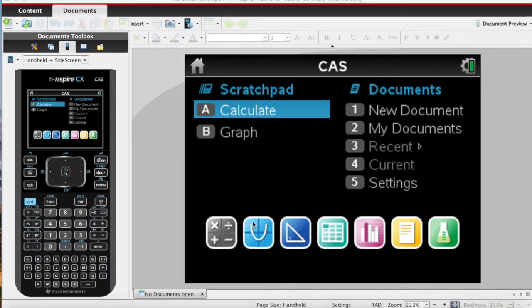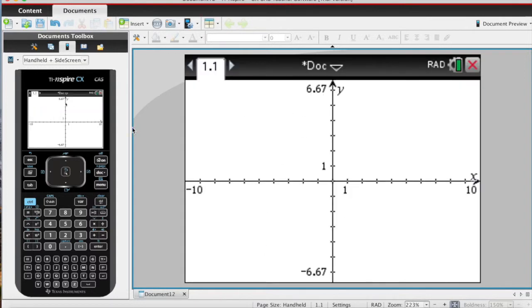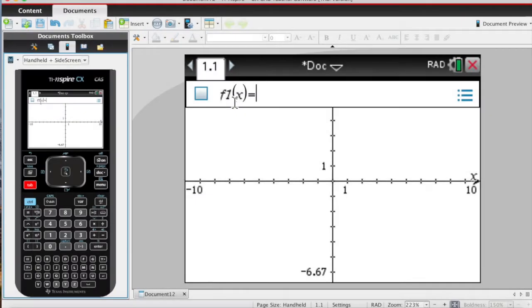So here is the icon for graphing, and here is the function that is going to represent our function W, which is the length of the wire as a function of the position x of the stake.